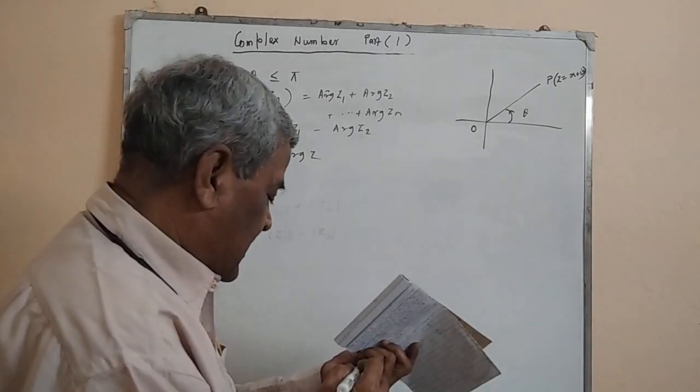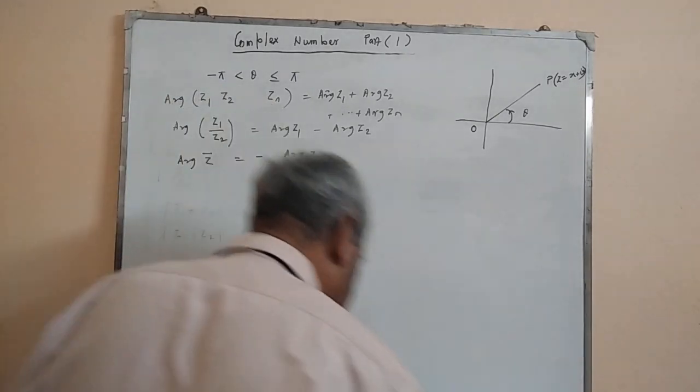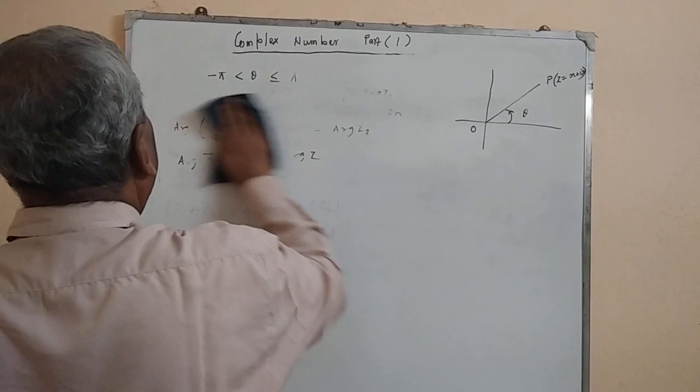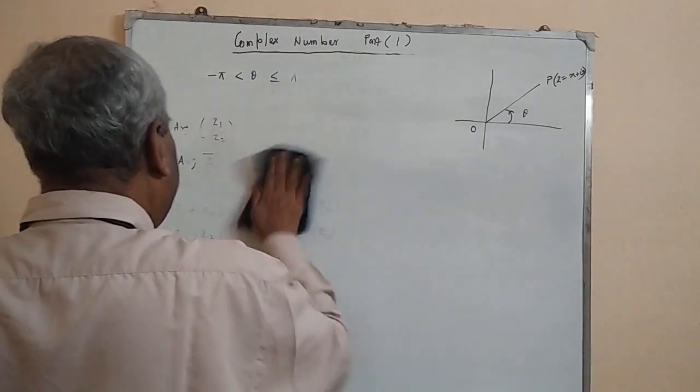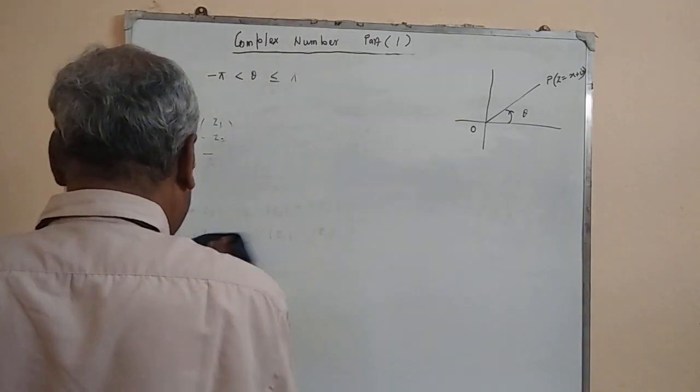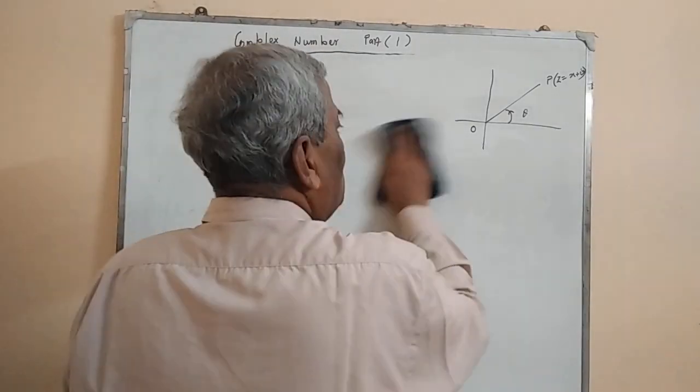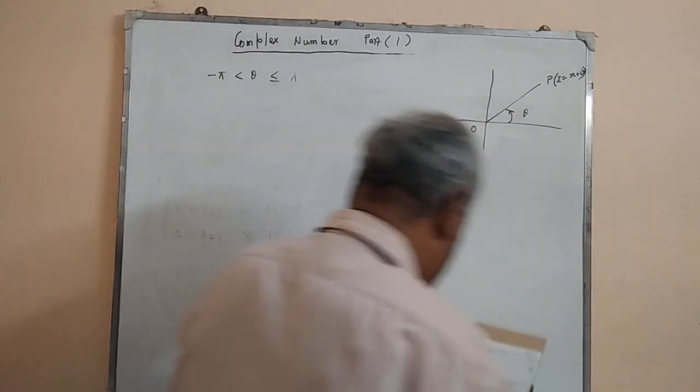Next we discuss the argument of a few complex numbers lying in different quadrants.